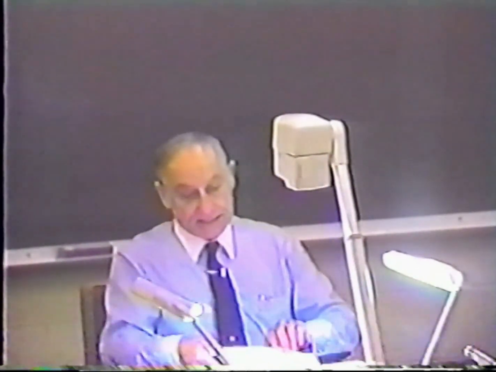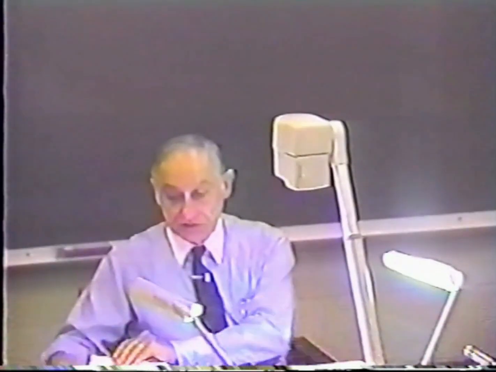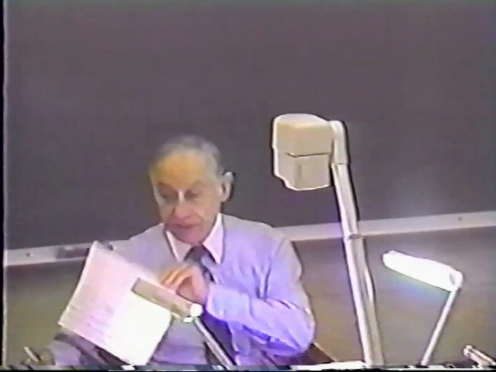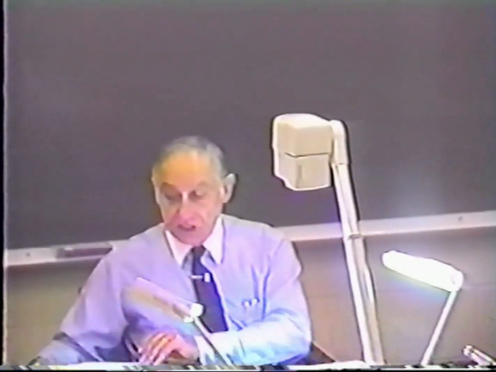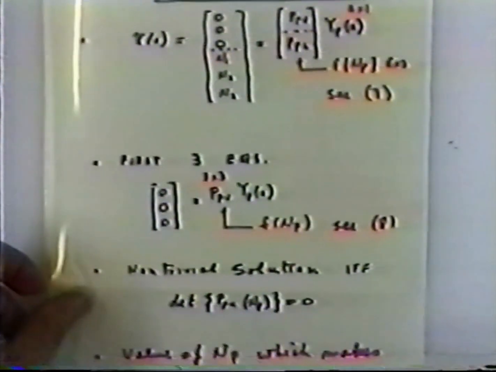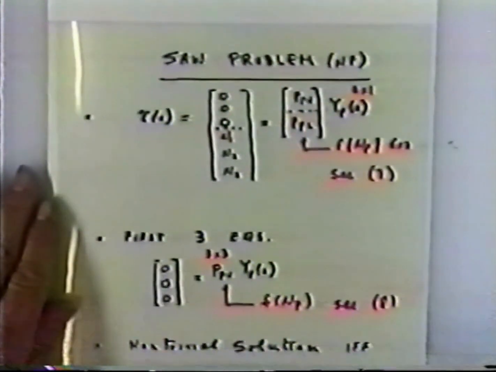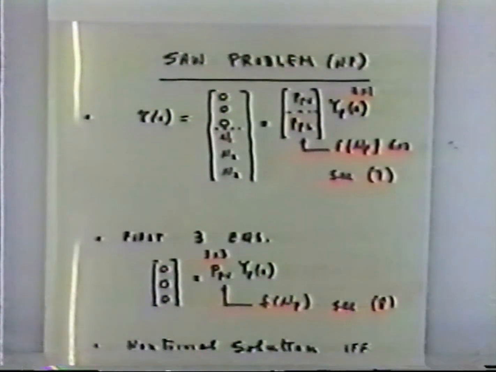So having said that, let's take a look at what we did say with respect to the surface acoustic wave problem. If the surface is free, we don't need that. If the surface is free, then we can write that tau at 0.